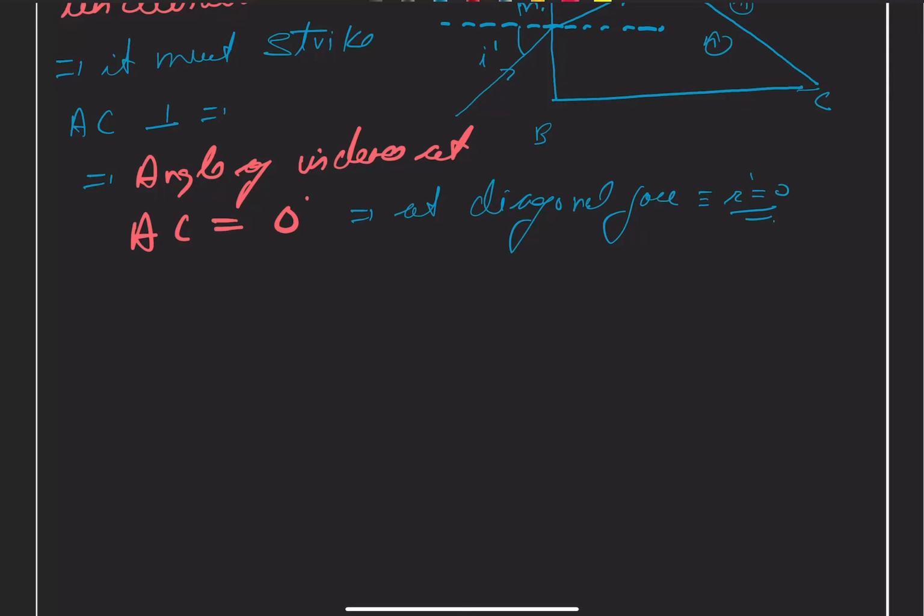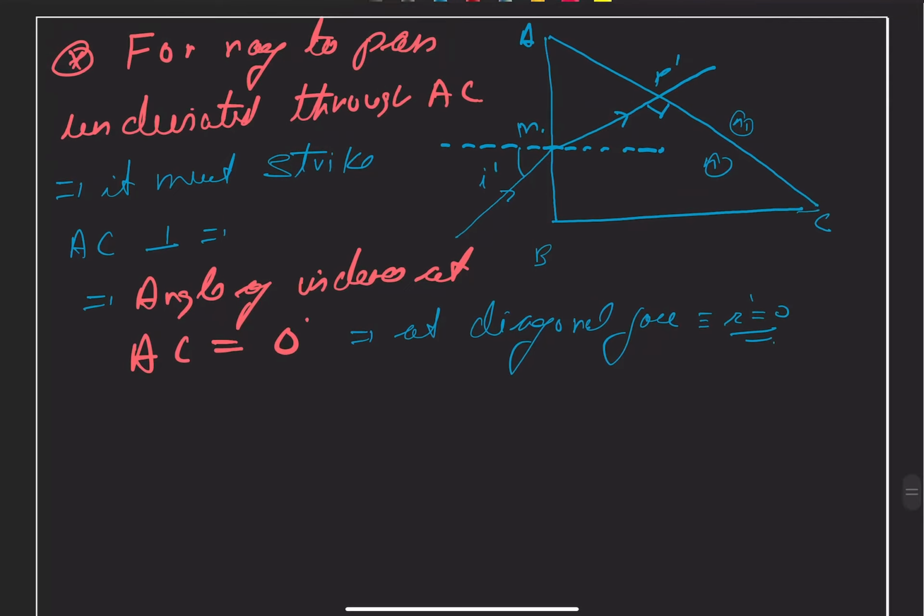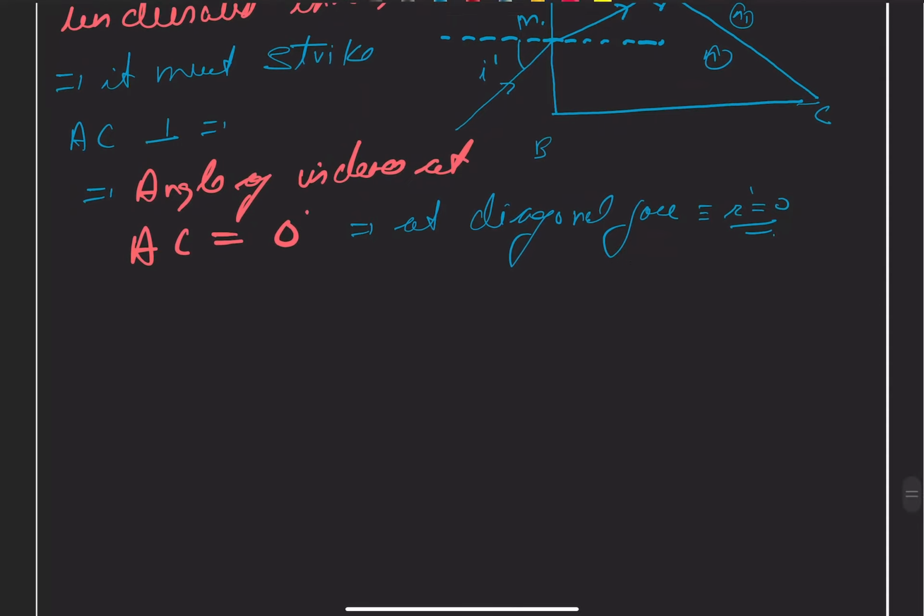But we can write that R plus R prime should be equal to angle A, which gives us that our R prime is 0. So R plus 0 is equal to 45, giving us R equal to 45.